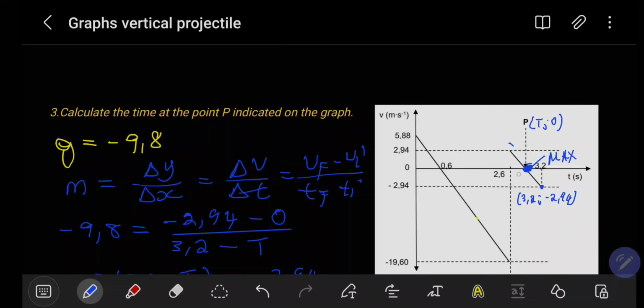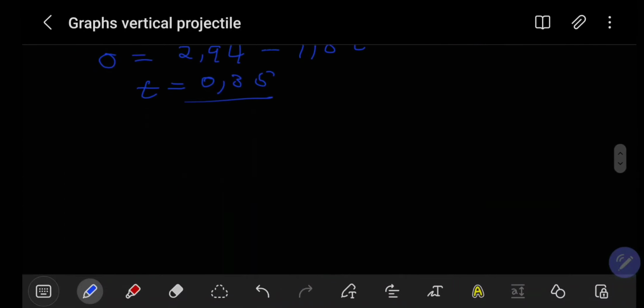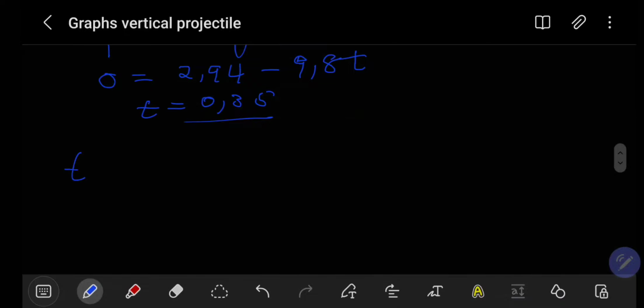So we add 0.3 to this 2.6 in order to have the exact time at P. Then we're going to have 2.9 seconds.